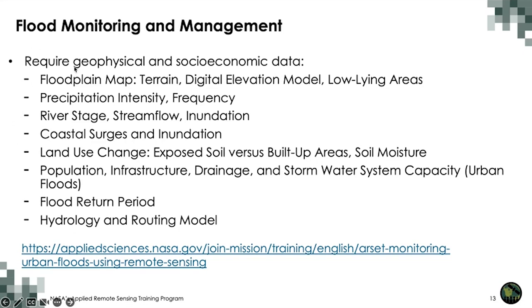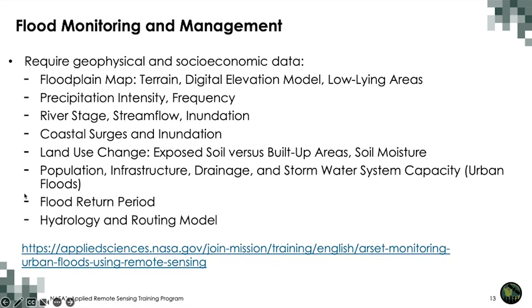They include both geophysical and socioeconomic data listed here, including, say, terrain and digital elevation modeling for floodplain mapping, information about low-lying areas, regional precipitation intensity and frequency, river stage, stream flow and inundation, coastal surges and inundation for coastal regions, of course, land use change, including exposed soil versus built-up areas and soil moisture amount.